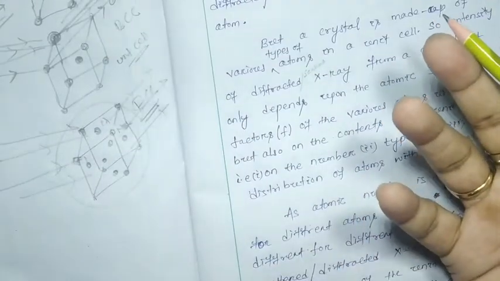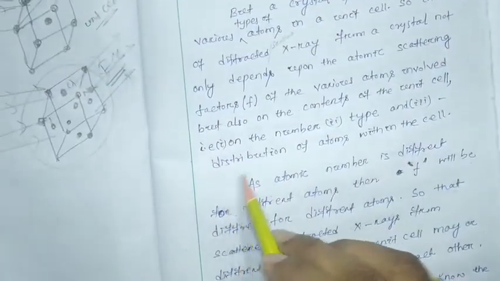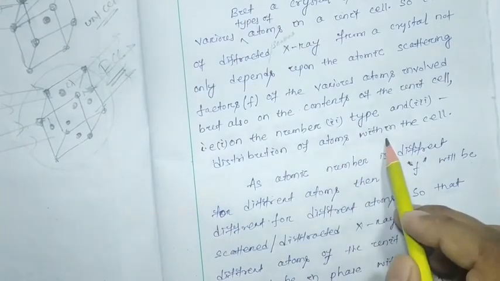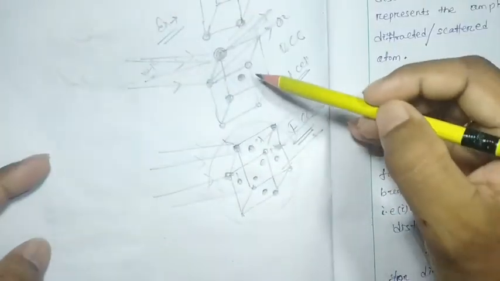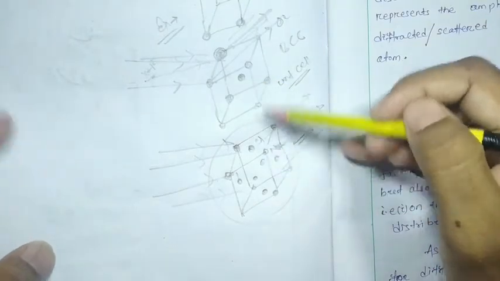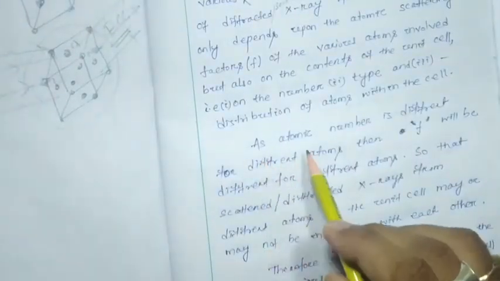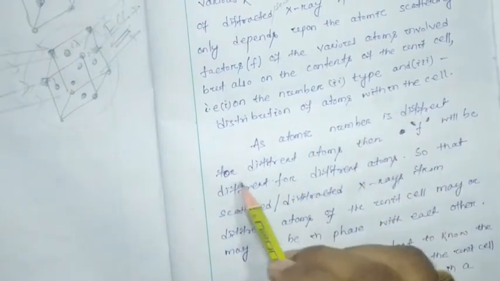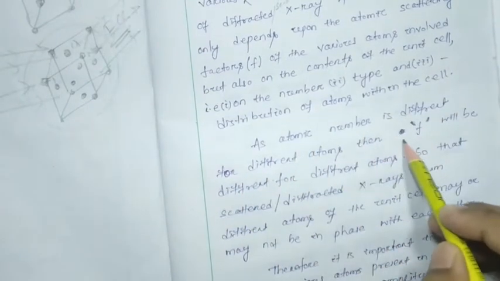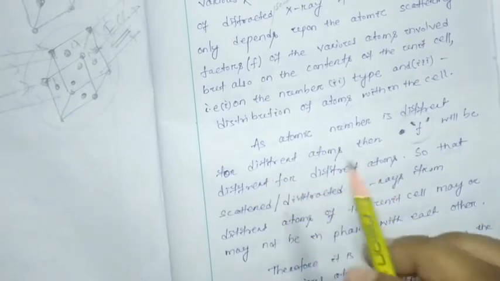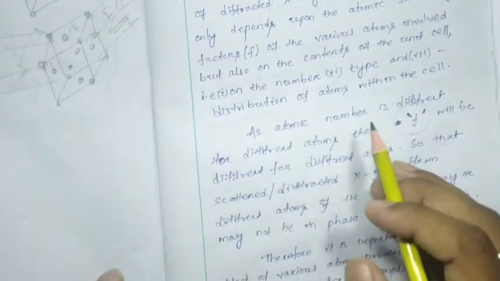Any type of structure can be, and the distribution of atoms within the cell. Here you see the distribution is different as compared with BCC and FCC. Okay, clear? As atomic number is different for different atoms, then F, this is an important line, try to listen carefully.